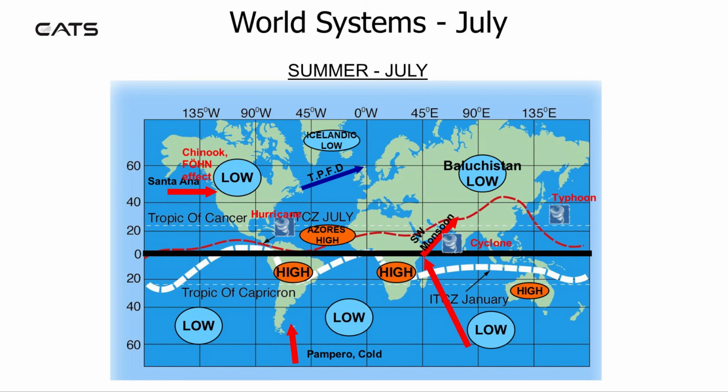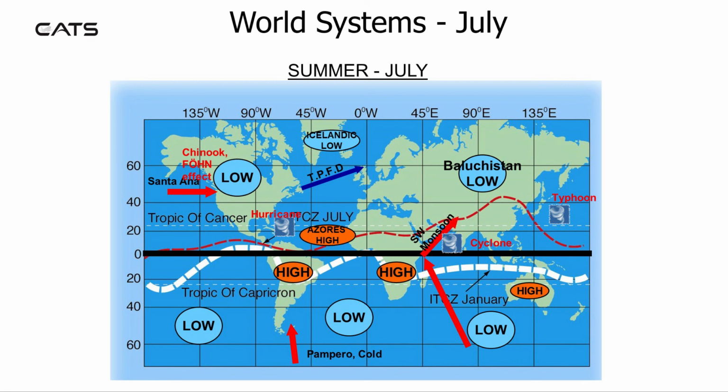World weather systems in July. This will be summer in the Northern Hemisphere. The Icelandic low is a semi-permanent feature all year round. There'll be low pressure over North America and Asia and Russia.